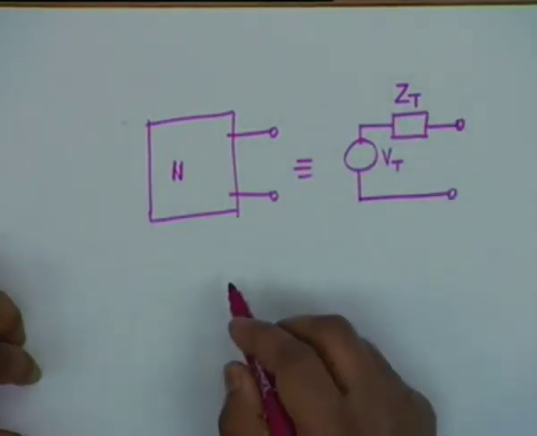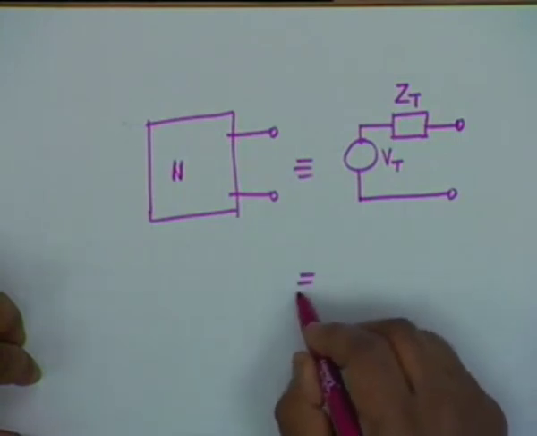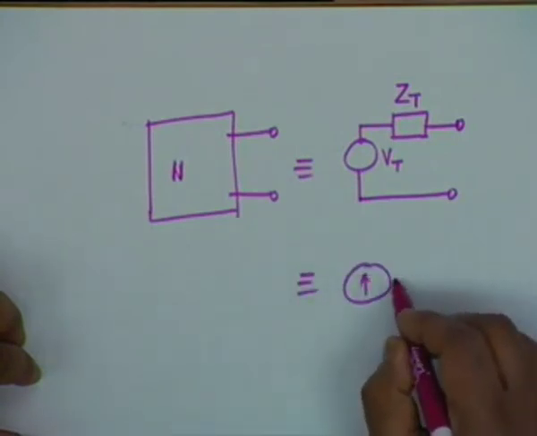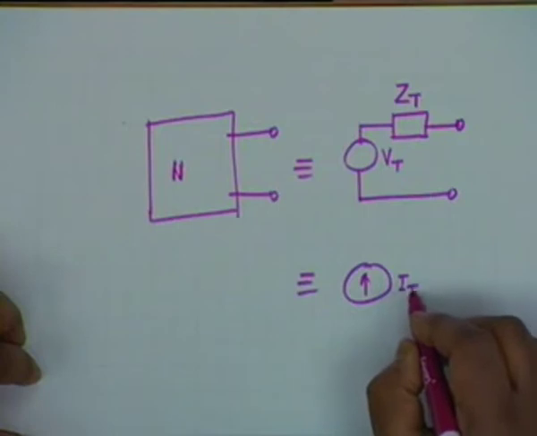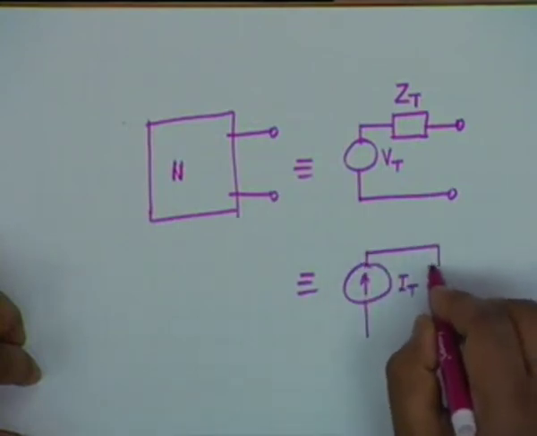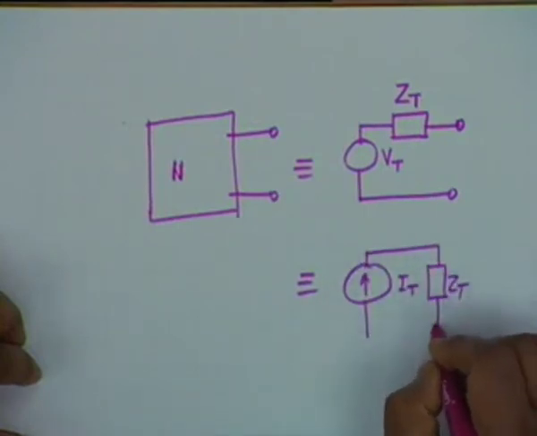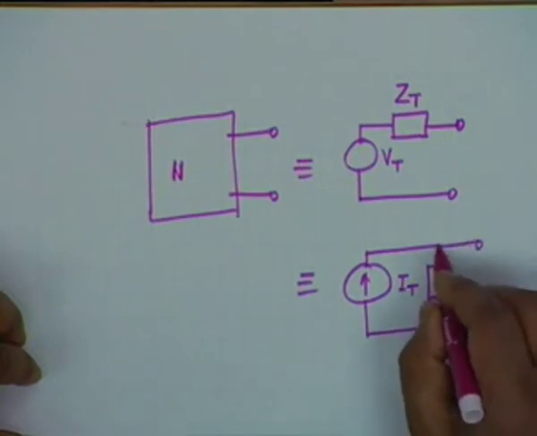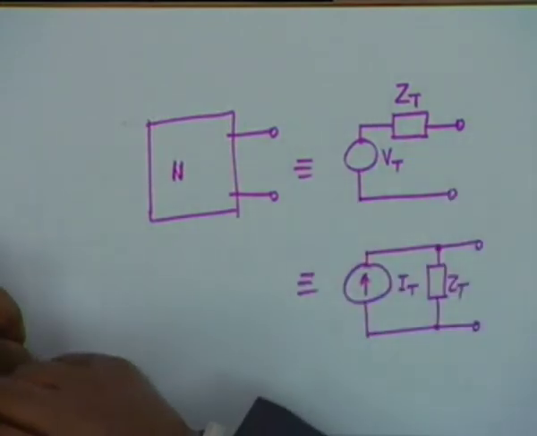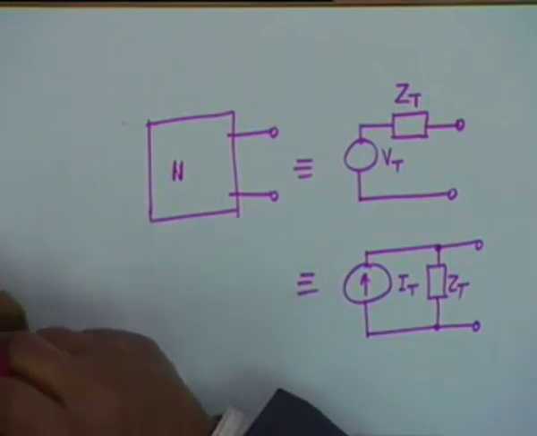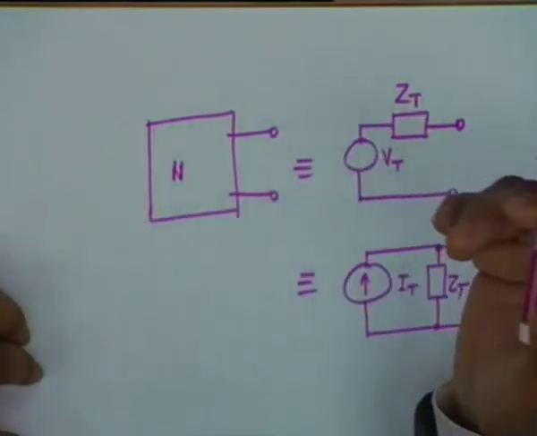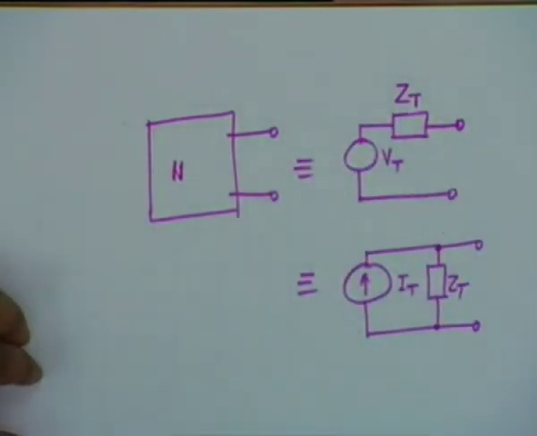This is equivalent to this, or you could also work in terms of It, the Norton equivalence, in parallel with the same impedance Zt. And as I said, this affords tremendous simplification, whether it is DC or AC, it does not matter. If it is a combination, well, you can work in terms of superposition.